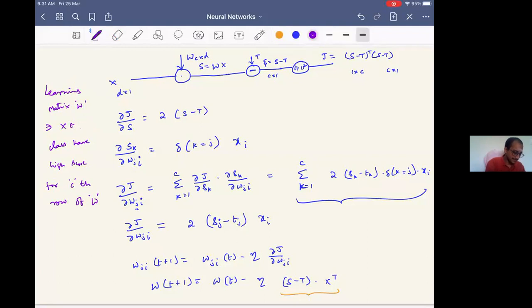Belongs to C class, we'll say. Okay, fine. Any questions on this?